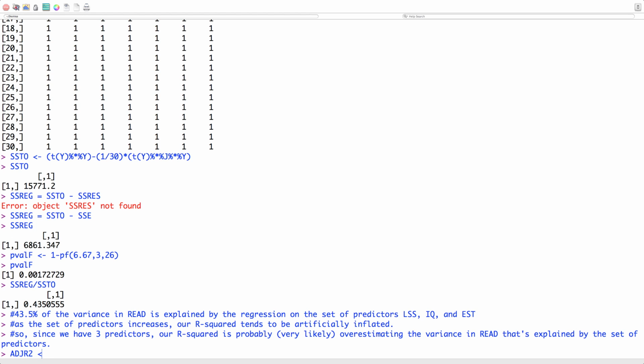So the adjusted R squared is going to be 1 minus. First of all, I need n minus 1, which is 29. And I need n minus p, which would be 26.